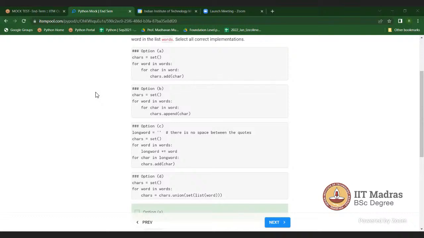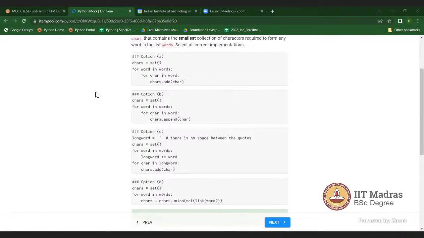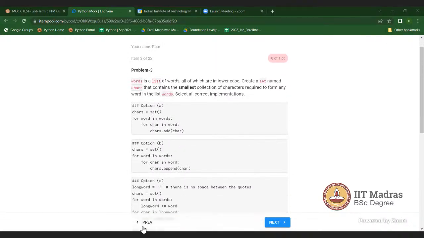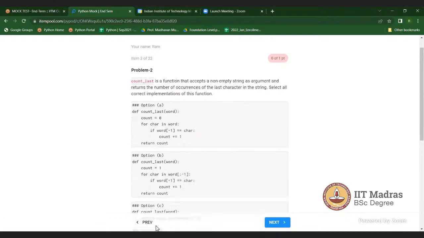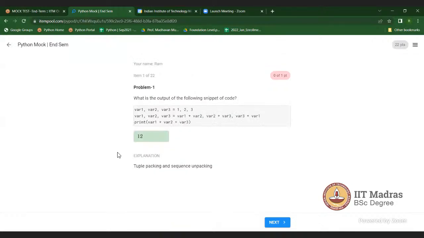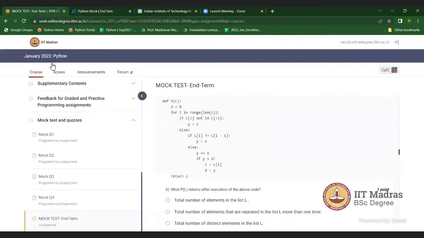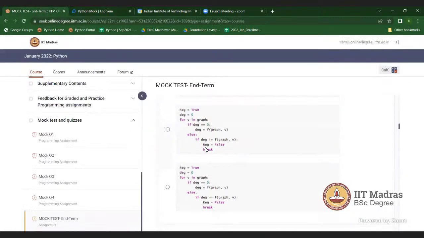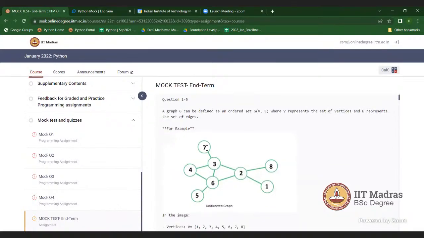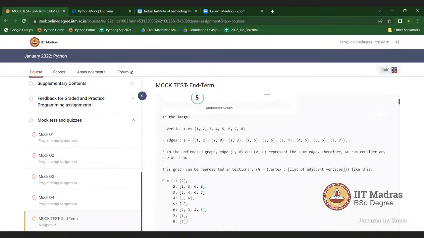Sir, in this one, can you please go to the first problem? In this item pool? No, in the same question paper. This one? No, not this one. There is another problem. I just lost track of it. Here? This one? No, not here.